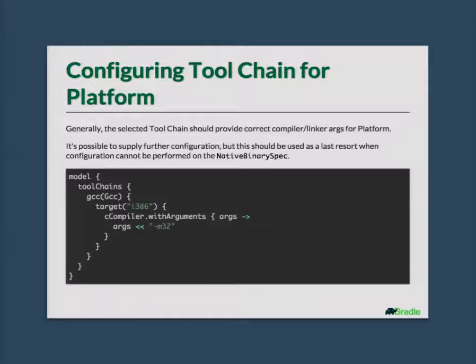If Gradle doesn't produce the correct arguments, or you need to add special arguments, you can hook in here, and this gives you a chance to massage the arguments before they get sent to GCC for a particular platform. Most of the time, you'll just be doing it the other way, though. You'll be saying, for this platform, these are my arguments. This lets you do crazy things like renaming, removing arguments, or reordering them.